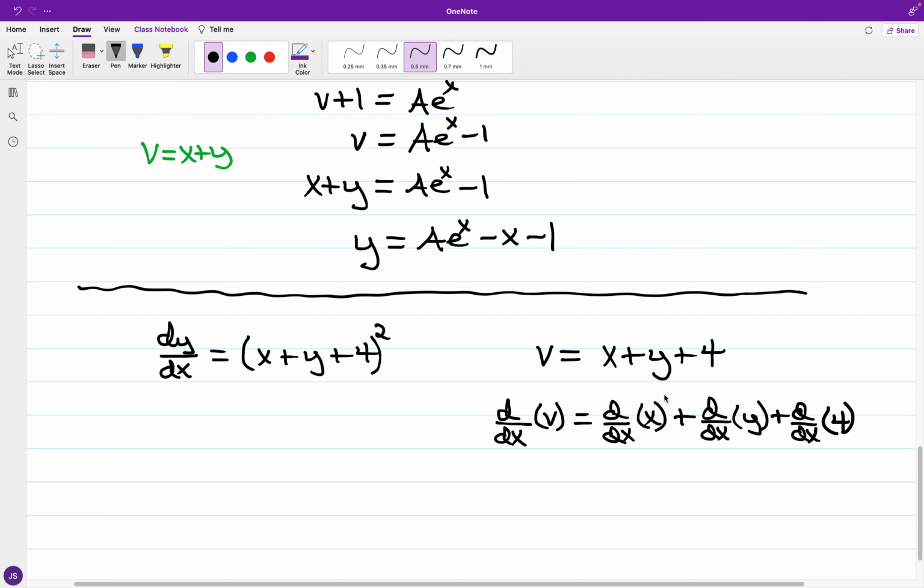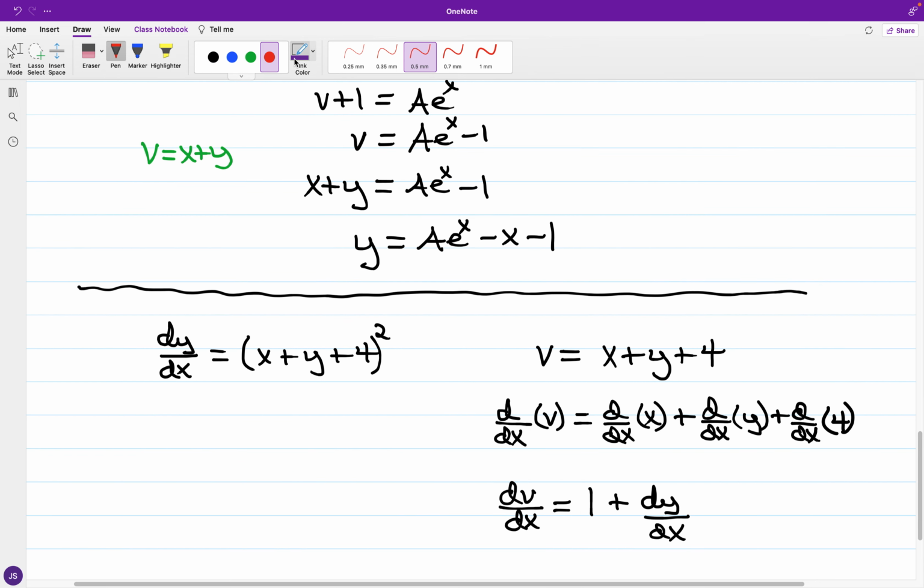Okay. So the left hand side, we're going to have dv over dx. Again, the derivative with respect to x of x will go to 1. And d over dx of y, you're going to have dy over dx.